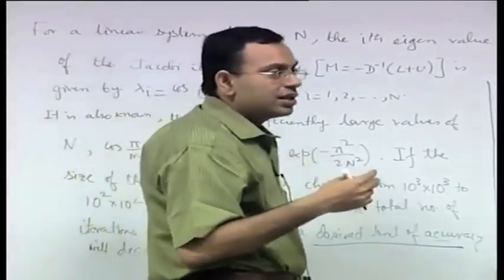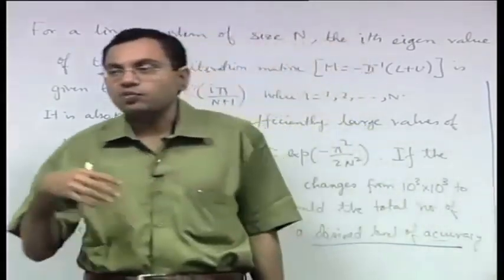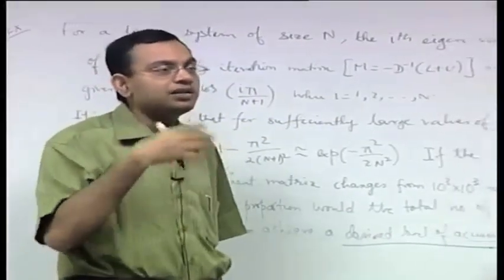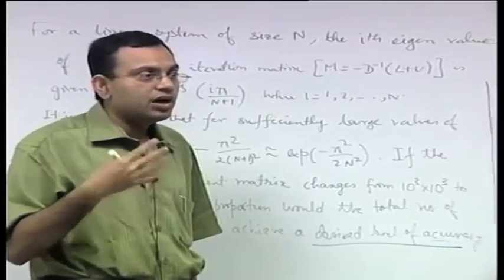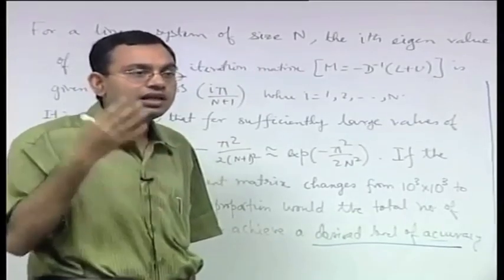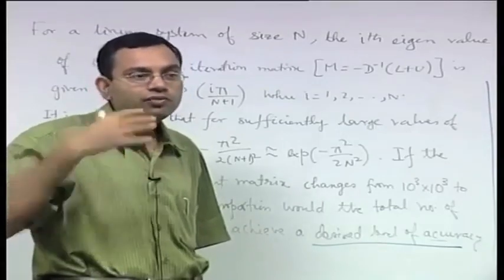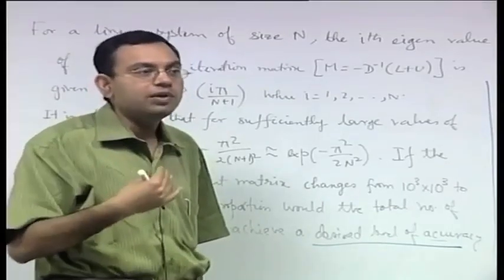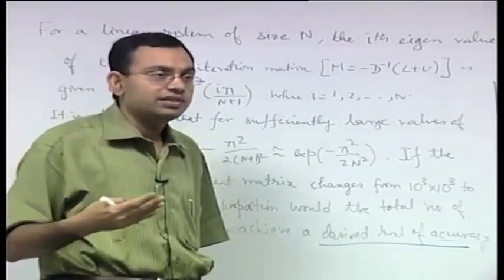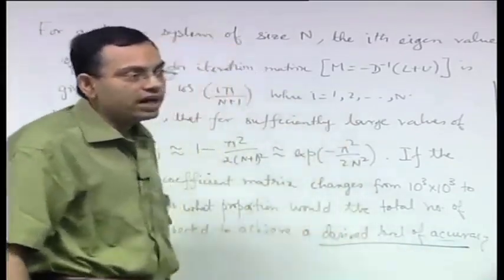Many times one needs to plan for how many computational hours you need to devote for solving a problem, and that depends on the size of the matrix, because computational time requirement in an iterative scheme depends on the number of iterations. Each iteration will have a fixed number of calculations. So, if you can figure out the modified number of iterations with a change in the coefficient matrix size, then you can scale the computational time with the size of the coefficient matrix, and this simple understanding allows you to do that.